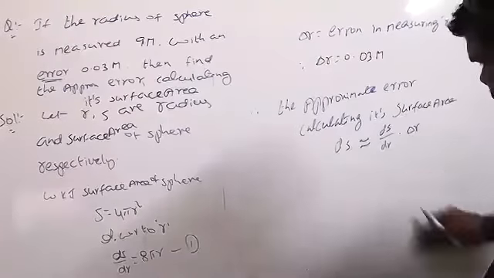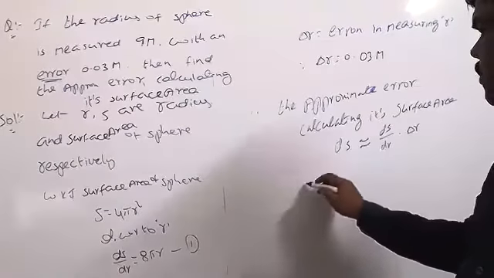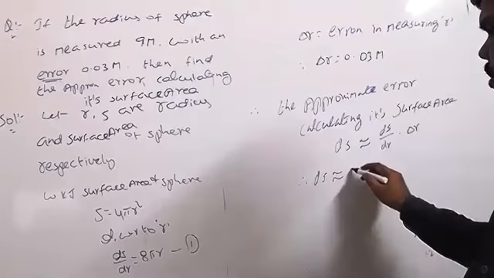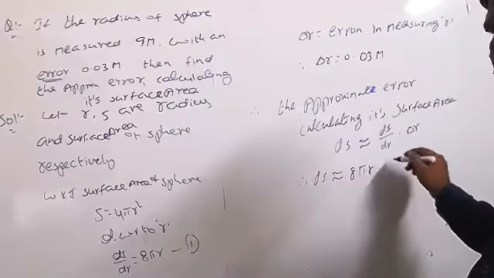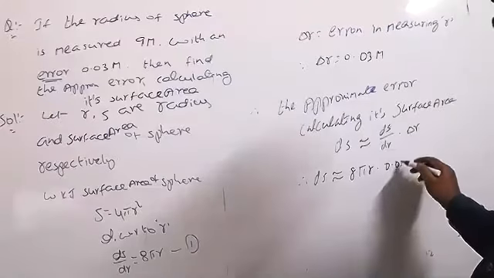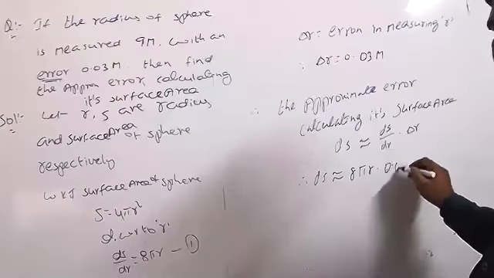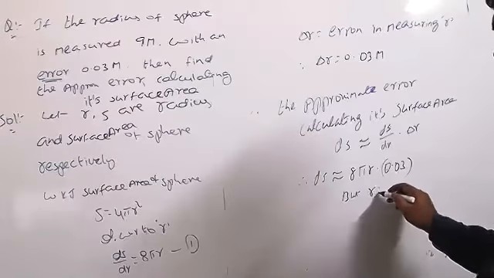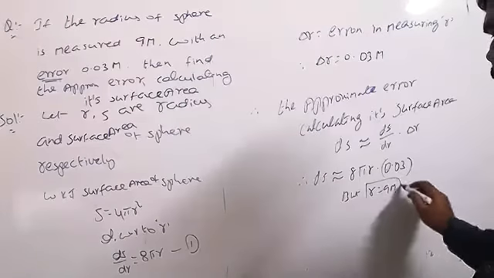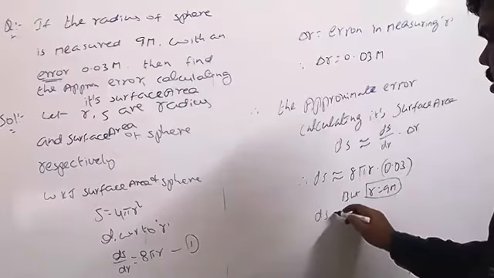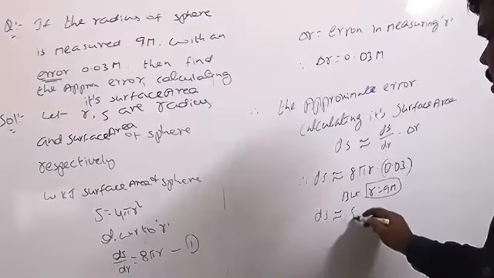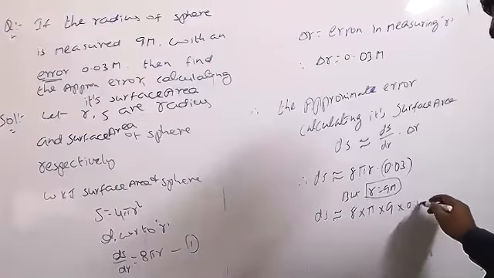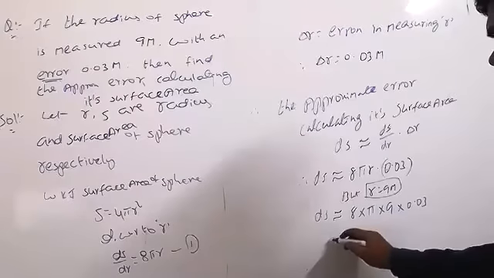So now I can write ds is approximately 8 pi r into delta r, equal to 0.03 meters. But r equals 9 meters, we know very well. So ds is approximately 8 into pi into 9 into 0.03. 8 9s are 72, clearly we know that.